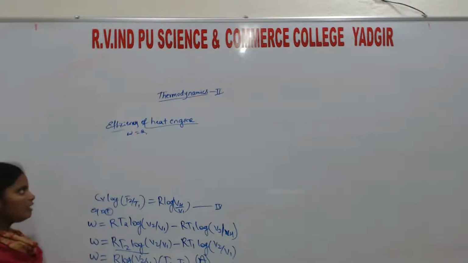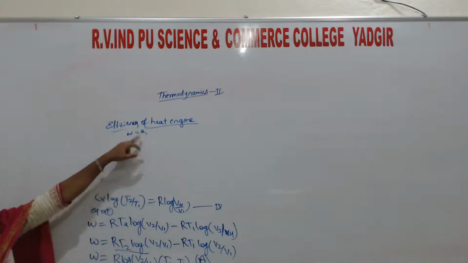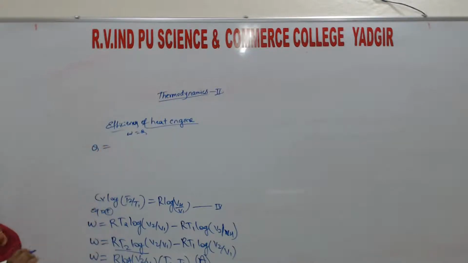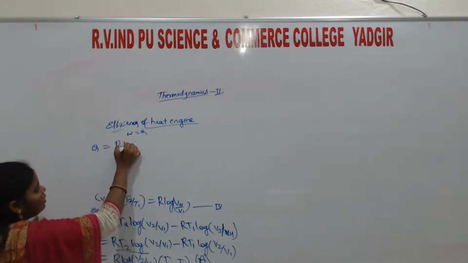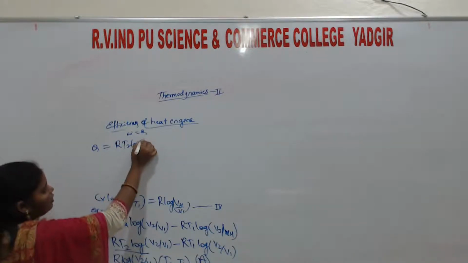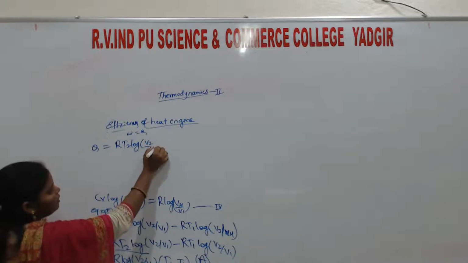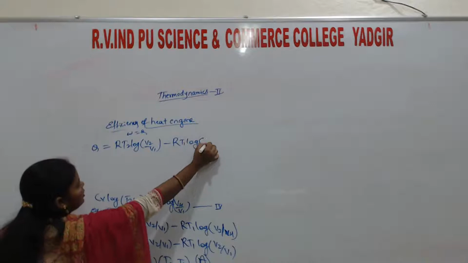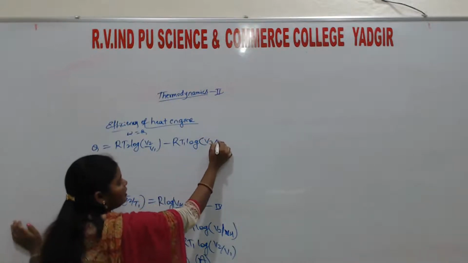This is equivalent to Q. Next, consider Q. Q is equal to RT2 log of V2 by V1 minus RT1 log of V3 by V4.